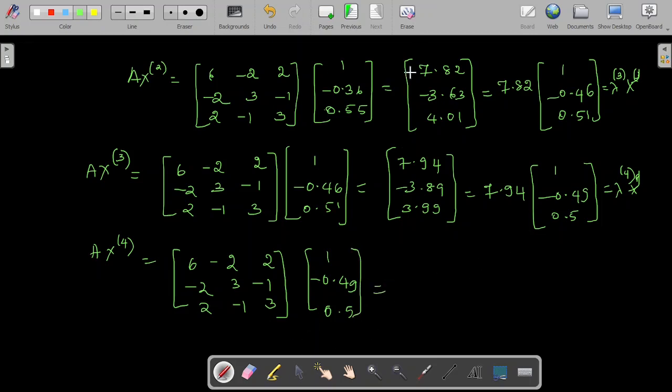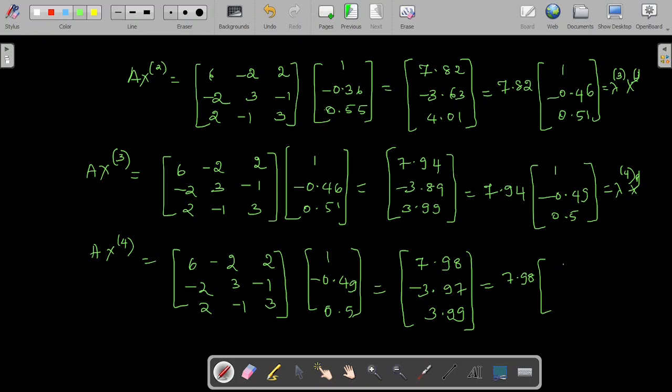So this gives you 7.98, minus 3.97 and 3.99. Out of these three values, 7.98 is the largest.